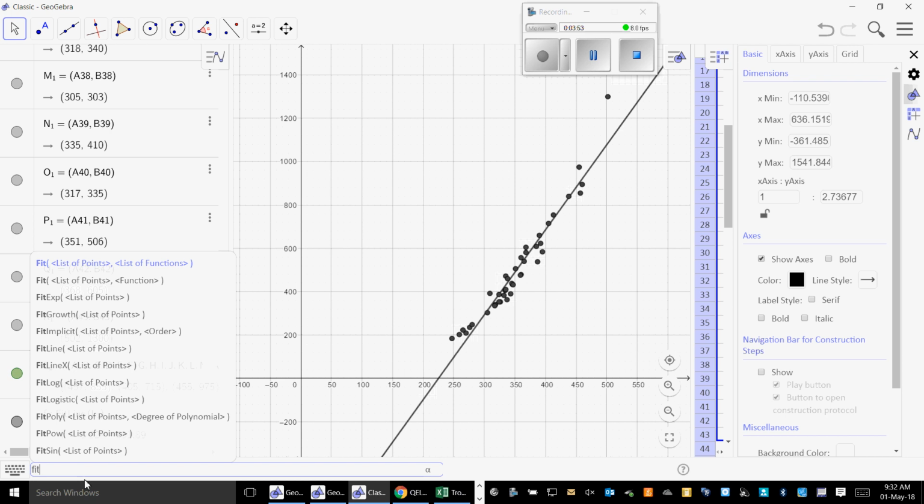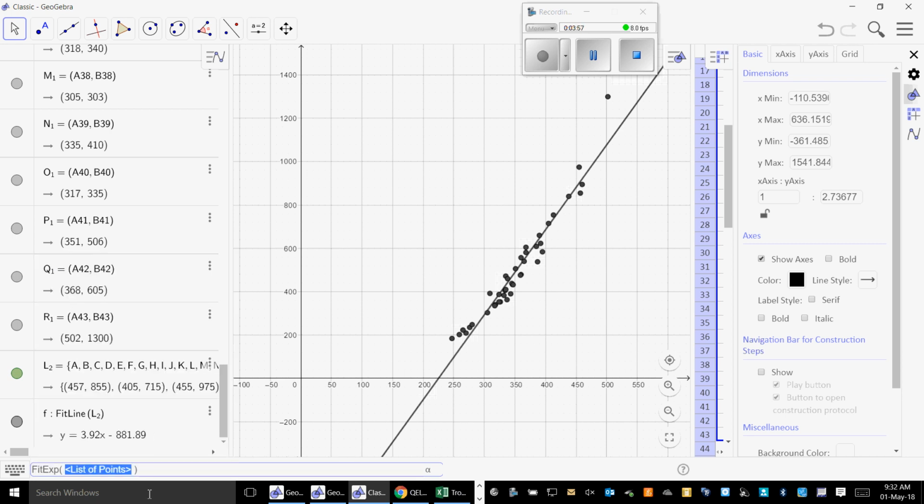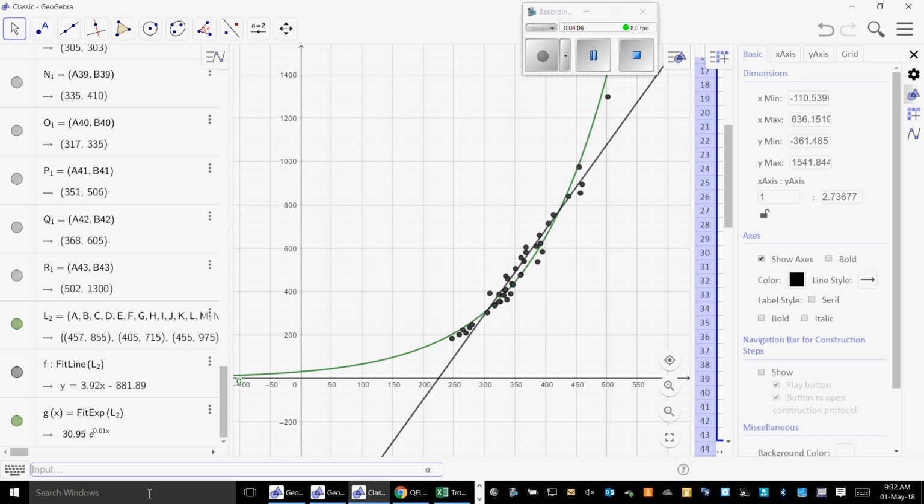Maybe it was an exponential in the way that was suggested. So again, we're going to do L_2. And again, it's going to give you the equation of the graph here.